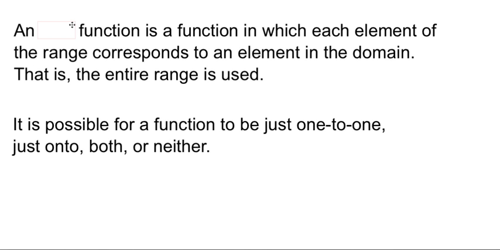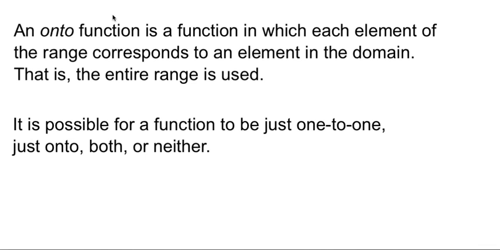Another kind of function is called the onto function. An onto function is one in which every member of the range is utilized. Every member of the range has a corresponding partner back in the domain.